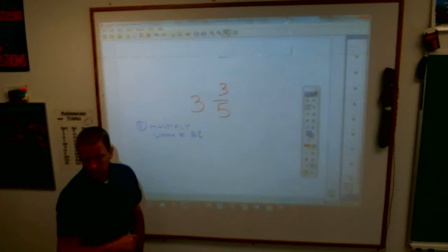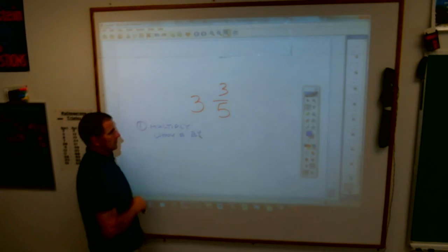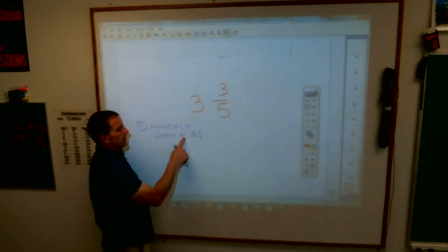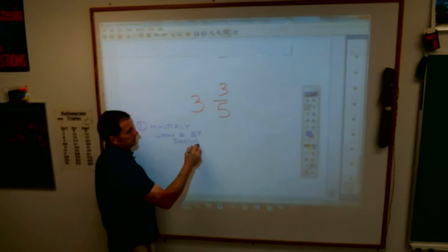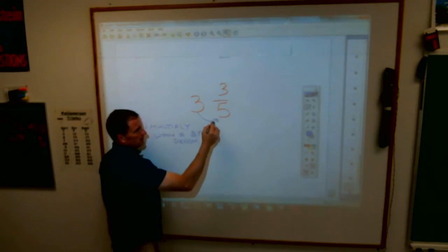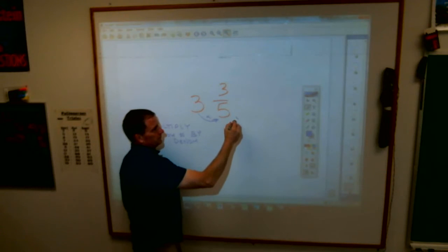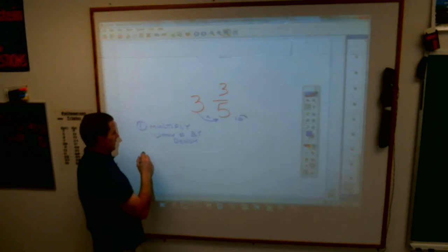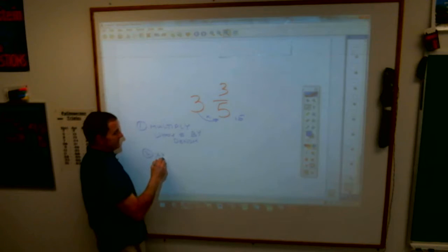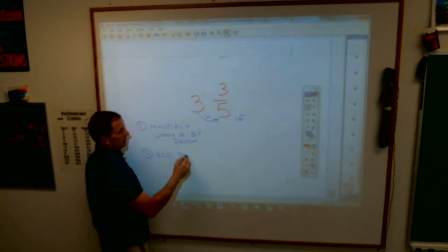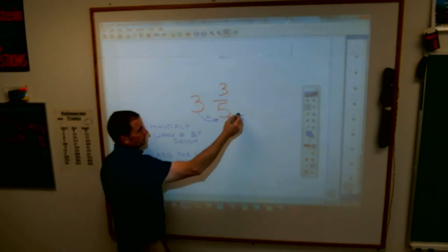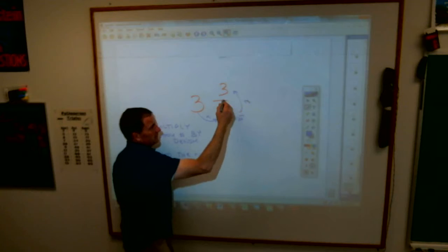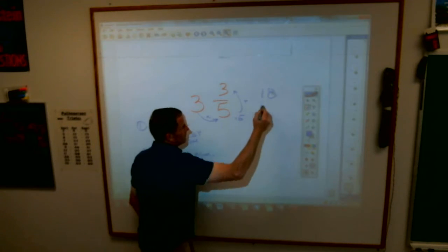Who? Josh? Josh. Okay. So, multiply the whole number by the denominator. That would mean this. You would take 3 times 5, that is 15, right? Then after that you add the numerator to that, which is the top number. So 15 plus 3 is the new top number.